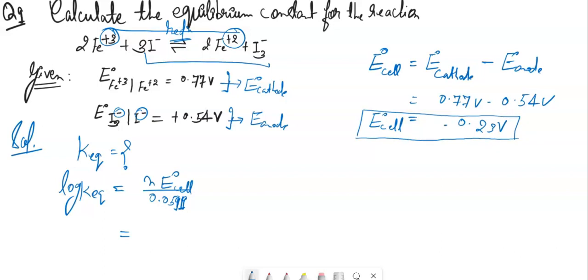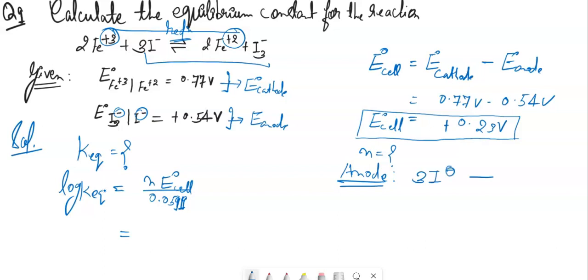Another thing is we need to find out the value of n in this particular reaction. If you write what kind of reactions are taking place at anode and cathode: at the anode there is an oxidation. 3 iodide converts into I₃⁻, and there will be a loss of 2 electrons.